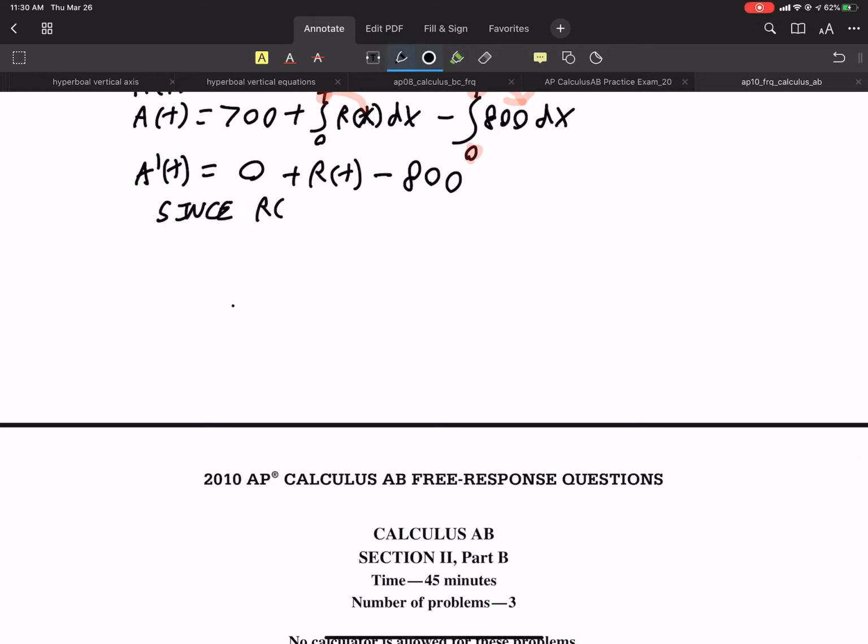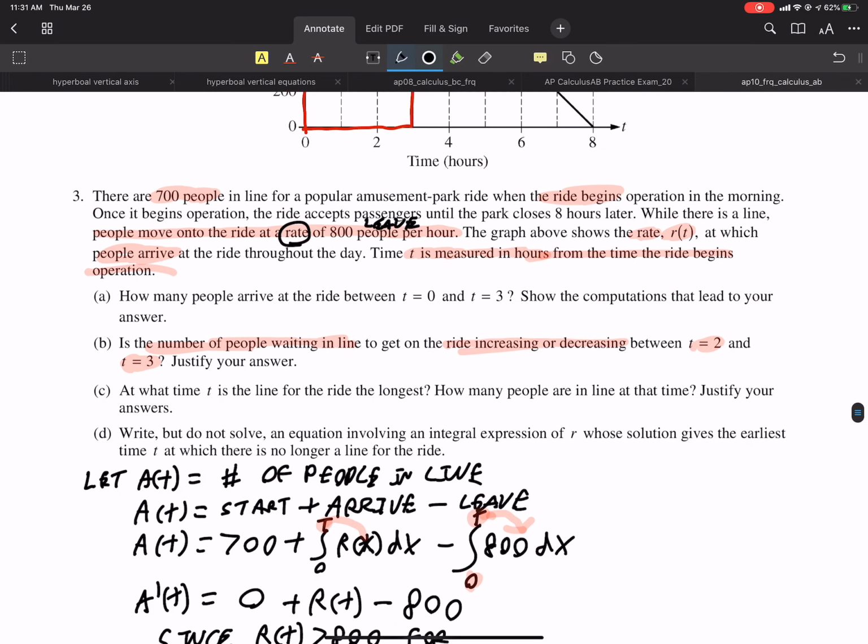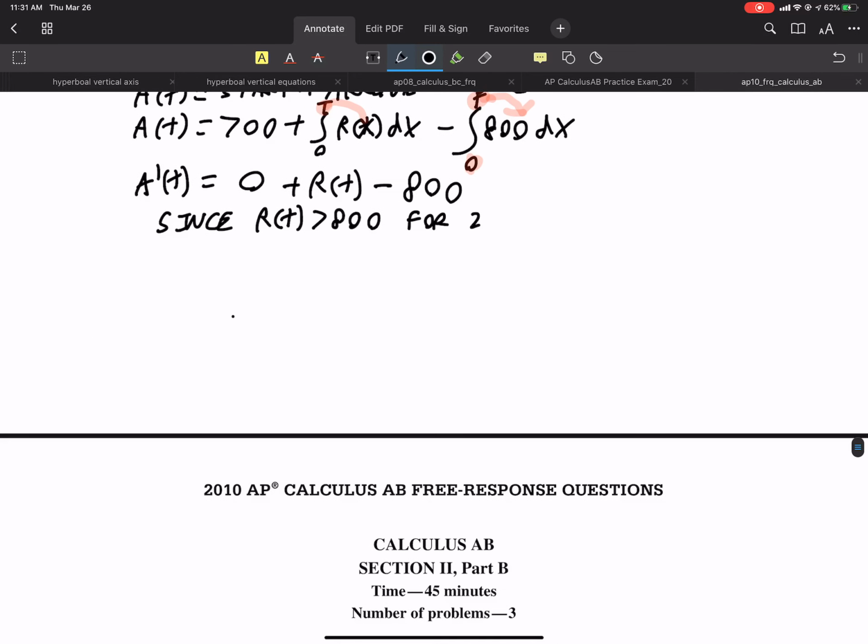Since R of t is greater than 800 for t between 2 and 3, we don't include the endpoints because it says between.